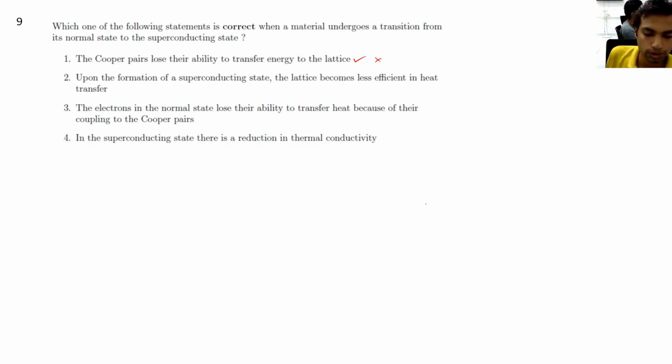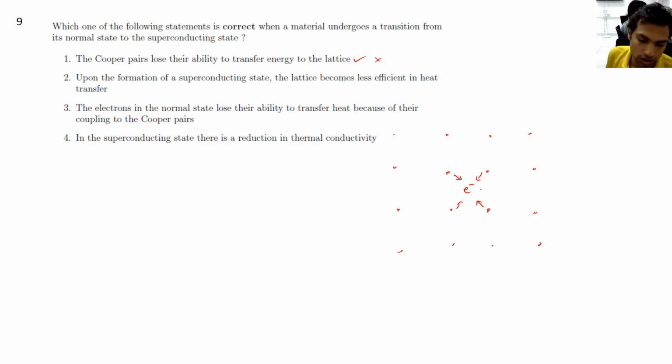So how a Cooper pair forms is, there will be an electron and the lattice, and it will attract the lattice points. When these lattice points are closer, there will be a local positive charge, because each of the lattice points would be giving out some electrons.